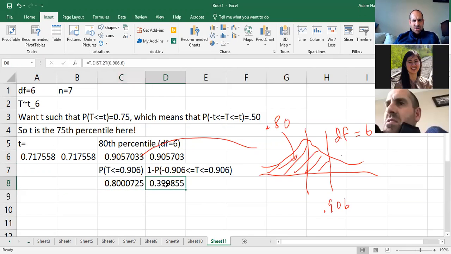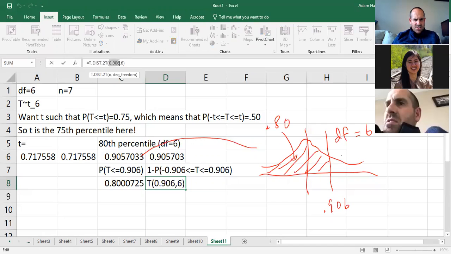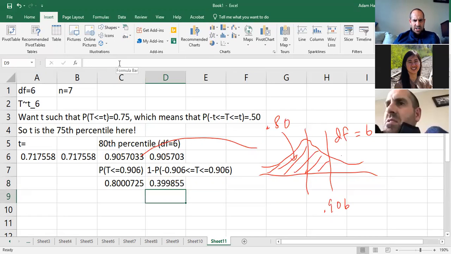which is why we have these two things right here. This computation that I had to backtrack on a little bit says T distribution two tail, 0.906. What in the world is this thing doing?